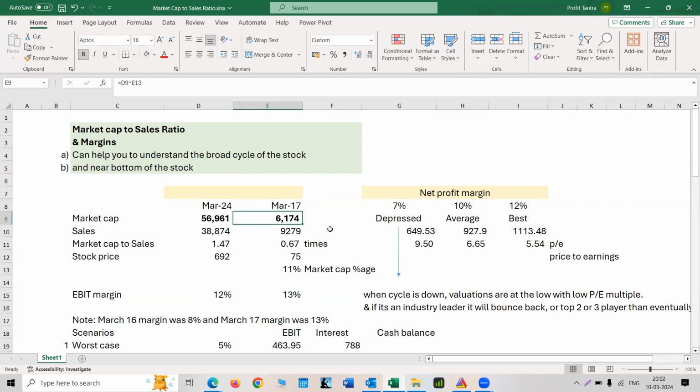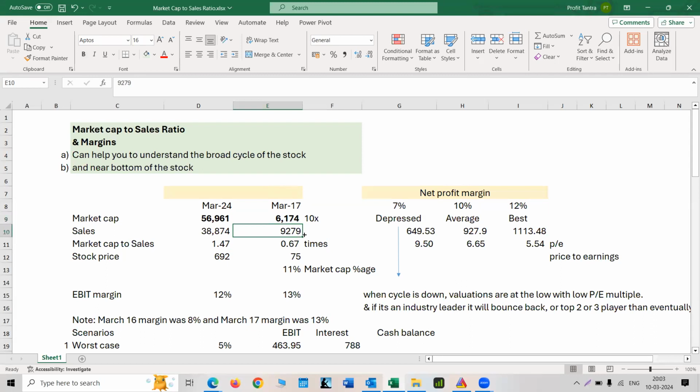Can anyone tell me how many times the stock has grown in just 7-8 years? 10 times, a 10 bagger, correct? Almost 60,000 crore is the current market cap, so this company has grown 10x. In 2017 sales were around 9,000 crores.